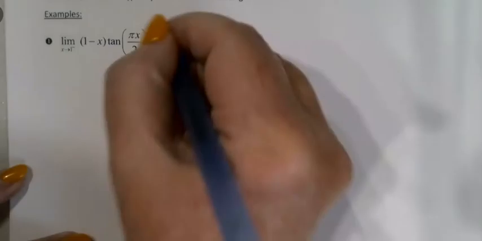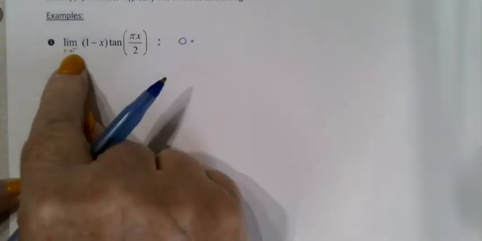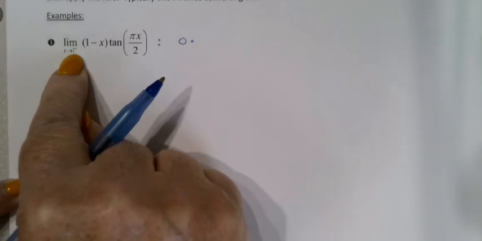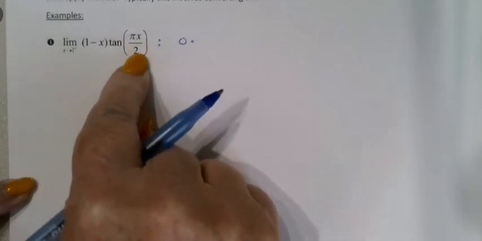In this first one, I've got the limit as x goes to 1 from the left of 1 minus x times the tangent of pi x over 2. 1 minus x, of course, would be 0. And the tangent of pi x over 2, if you think of approaching 1, that would be the tangent of pi over 2.